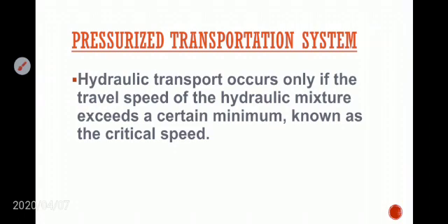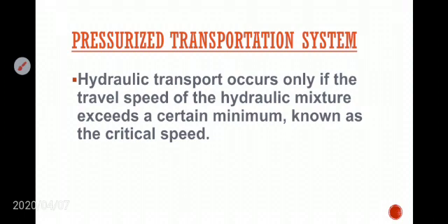And hydraulic transport occurs only if the travel speed of the hydraulic mixture exceeds a certain minimum speed, that is nothing but critical speed. Here in the pressurized transportation system, the entire slurry is transported in the pipelines only when the slurry has a critical speed.